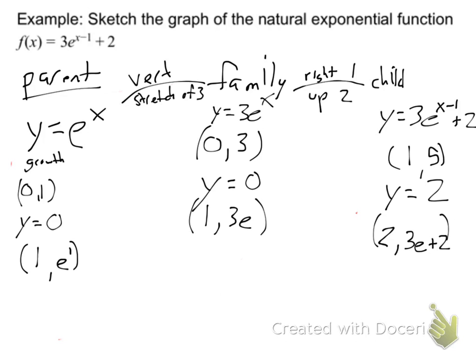4 point whatever e is. Yeah, isn't e 2.718? You've got to multiply that by 3 and then add 2. So it should be somewhere in the 20s, I'm thinking. Or close to it. No, 10. Sorry, 10. 10.2-ish. It's good enough.